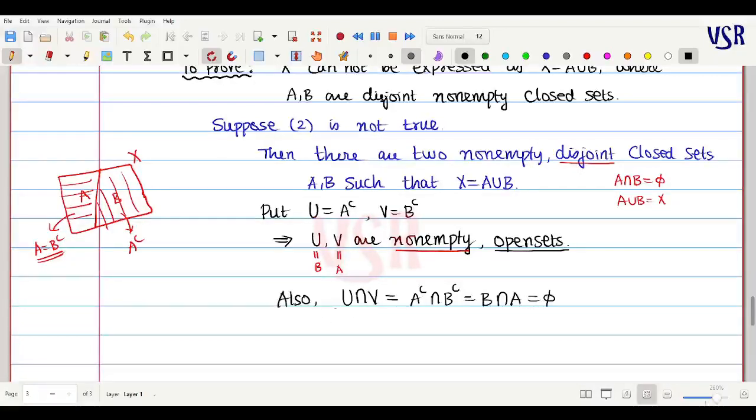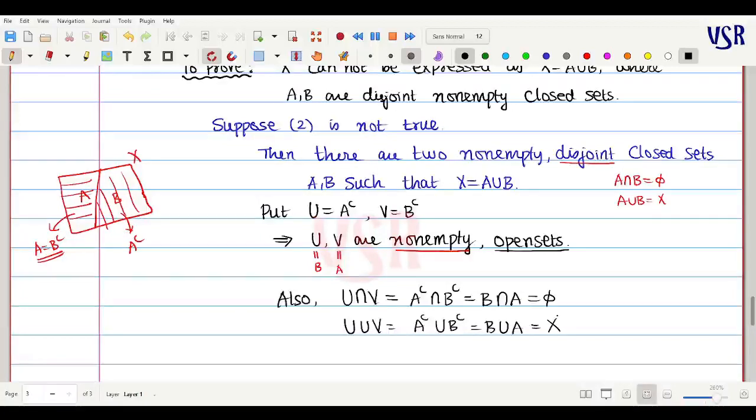Similarly, U union V is A complement union B complement, which is B union A, so it is equal to the whole set X. What have we got? U and V are non-empty disjoint open sets: U intersection V is empty and U union V is equal to capital X.